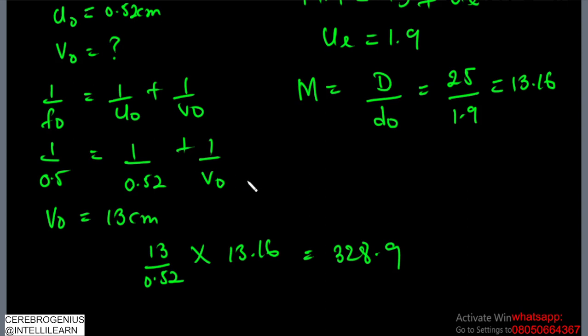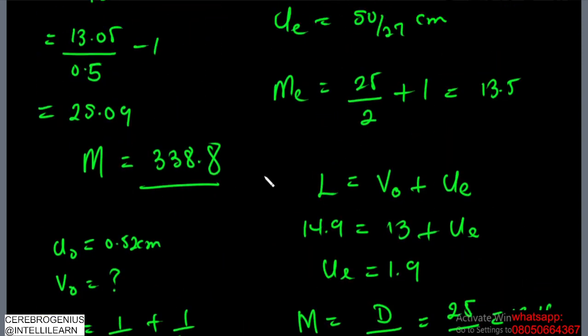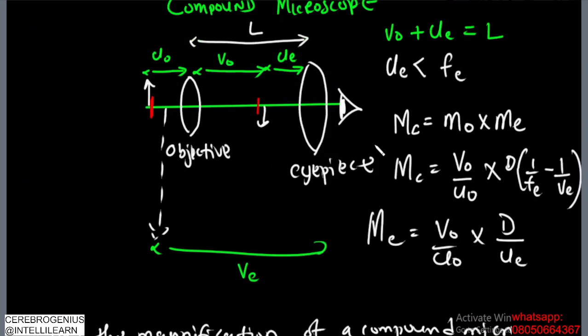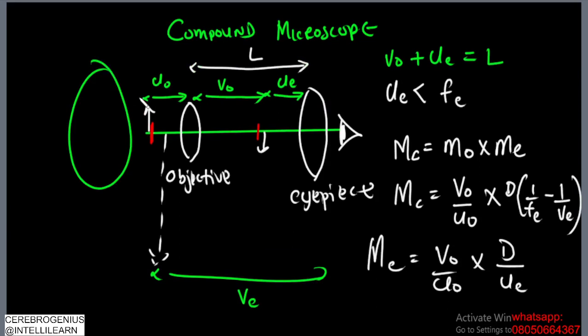That means it's forming a virtual image, and the image did not even get to the eyepiece. The image is very far from the eyepiece, and it did not even enter the focal length of the eyepiece. So it's not possible for the eyepiece to form a virtual image of that image. So that question will not be possible.